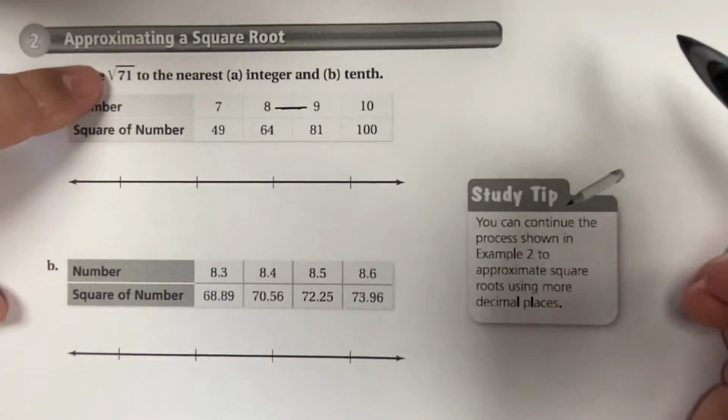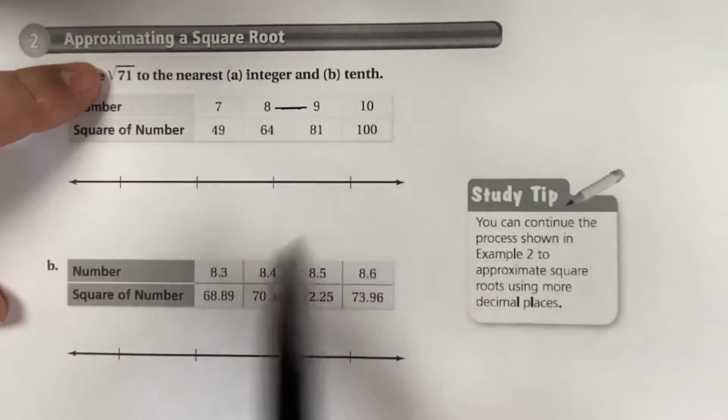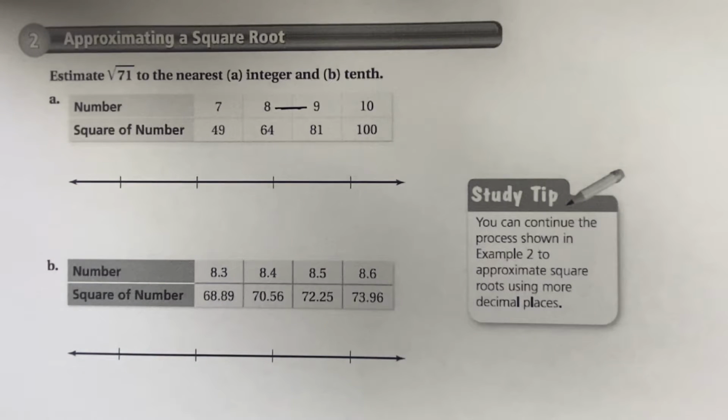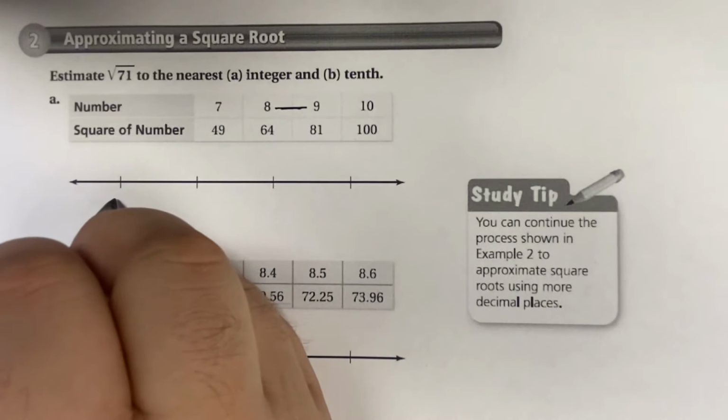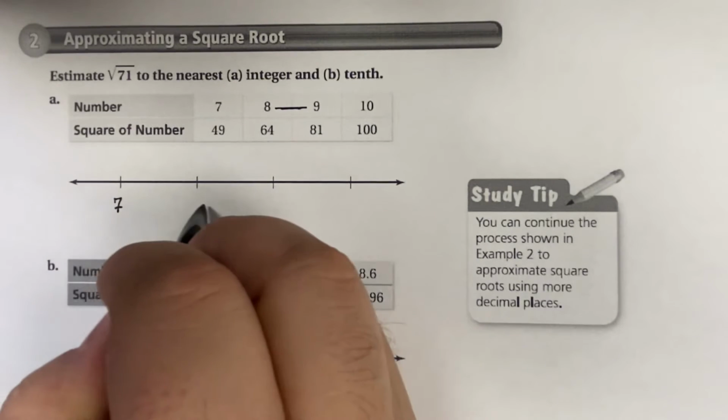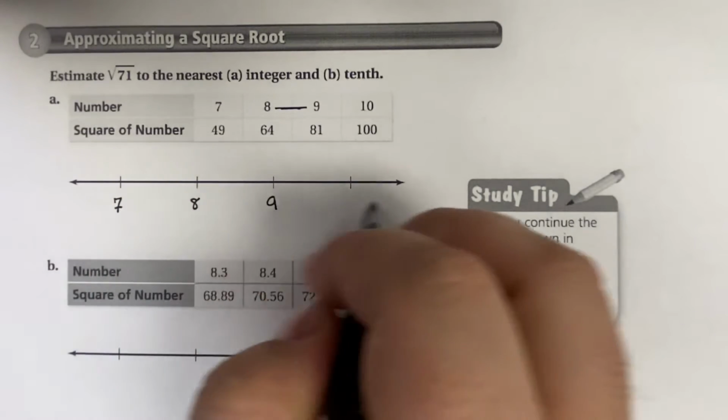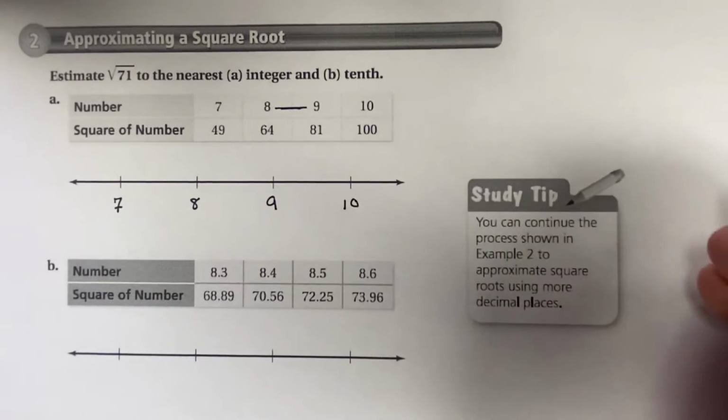So the question is, where is it going to fall? Well, depending on how close we need that answer to be, we'll change our answer. So if we're looking at a number line and we just got to know, okay, what numbers is it between, we can put 7, 8, 9, 10 on a number line.